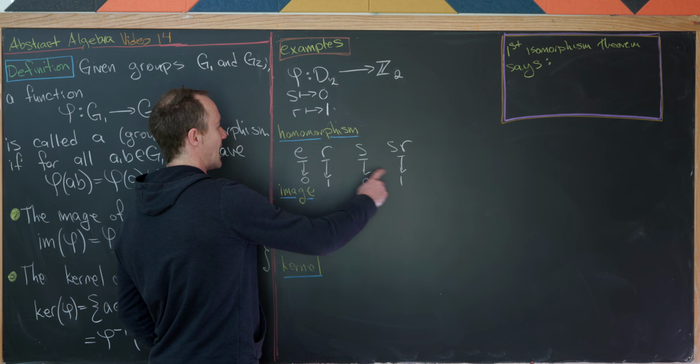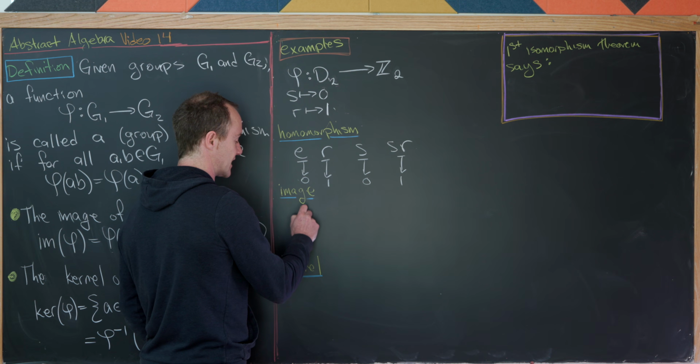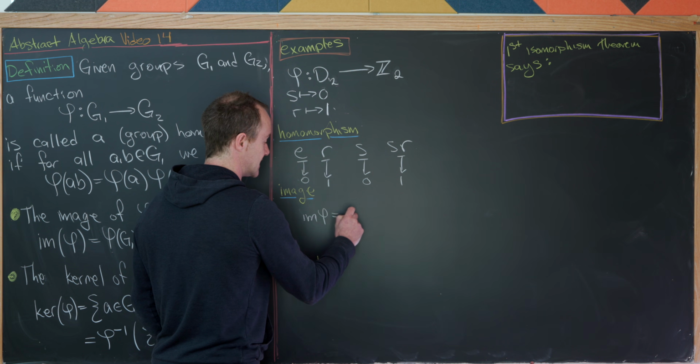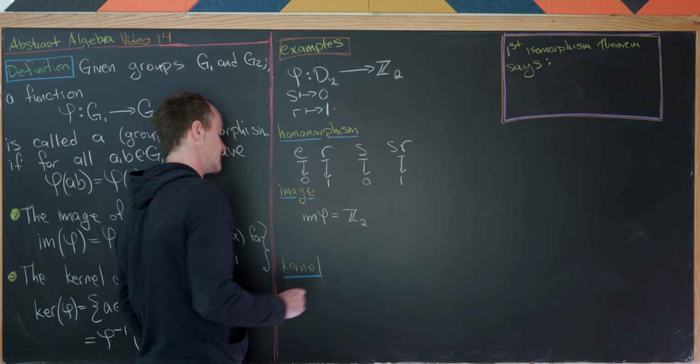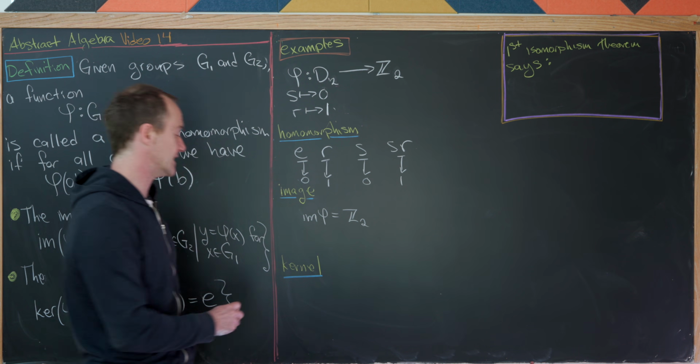Notice that by this chart right here, this is pretty clearly surjective. So the image of phi in this case is all of Z2. Furthermore, we can calculate the kernel pretty easily as well.